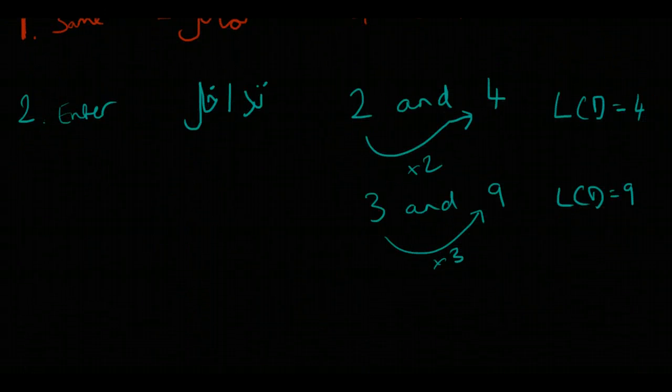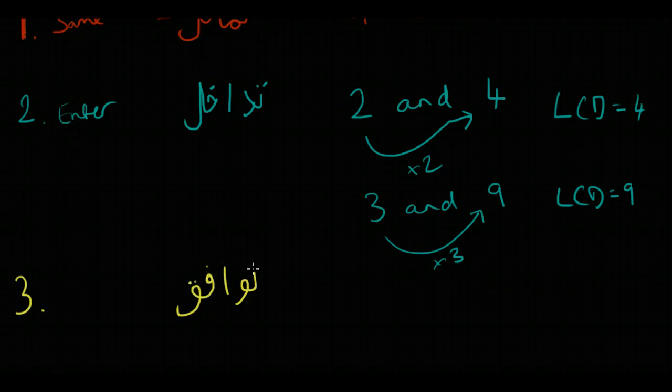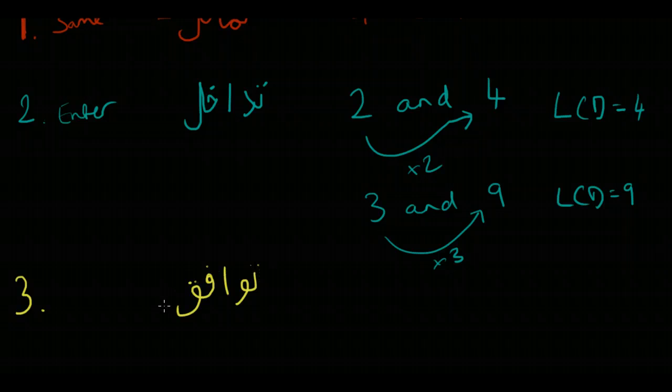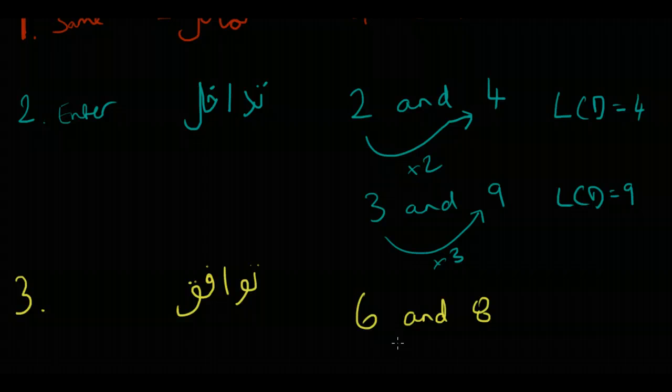Next, the third relationship is called tawafuq. And what this means is that you have two numbers, let's say 6 and 8, and 6 will go into 8, however there's a remainder of 2.